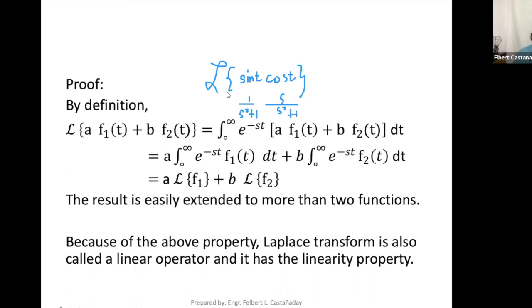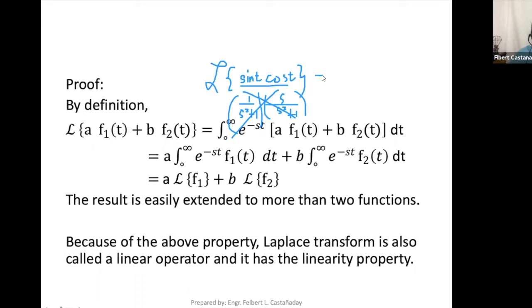If you encounter this kind of problem, do not multiply their transforms. It is not allowed. You cannot multiply these Laplace transforms to determine the Laplace of the product sine t times cosine t.